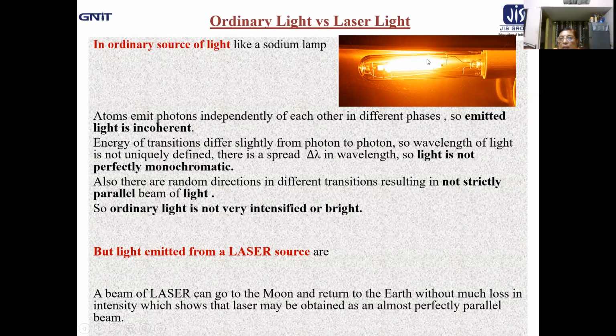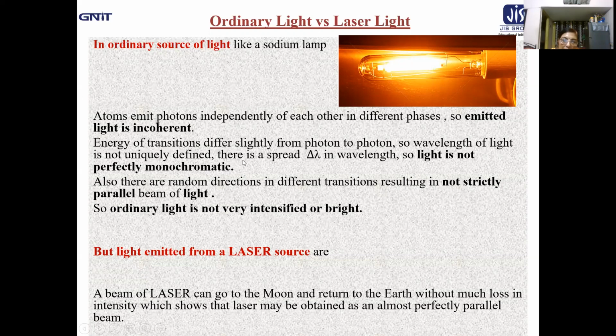Obviously, if light is scattered in different directions, it is not converging in a single direction, so the total light intensity will be much lesser. Naturally, incoherence, imperfect monochromaticity, a not strictly parallel nature, and a not so intensified beam are the characteristics of an ordinary source of light.